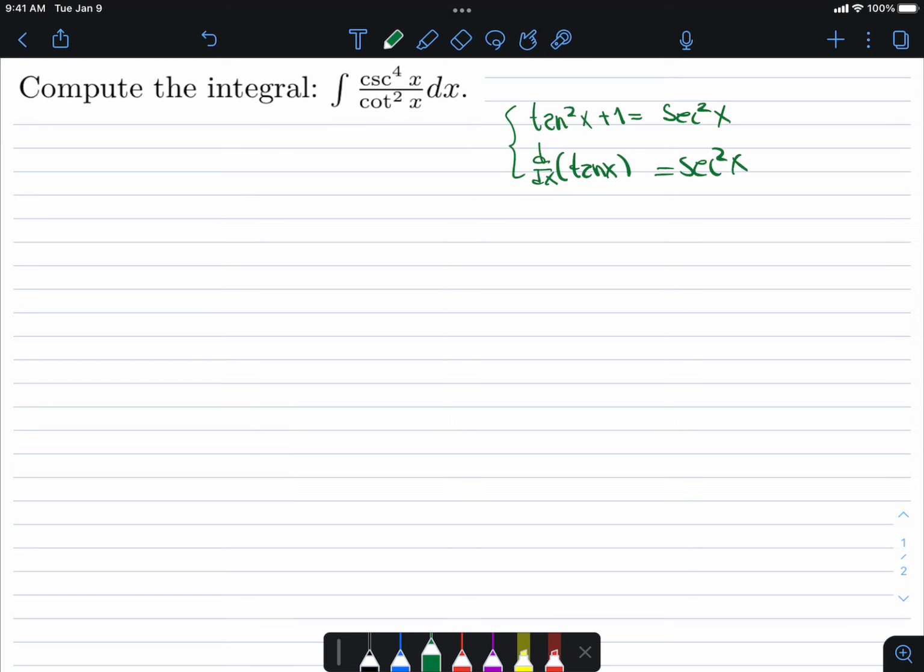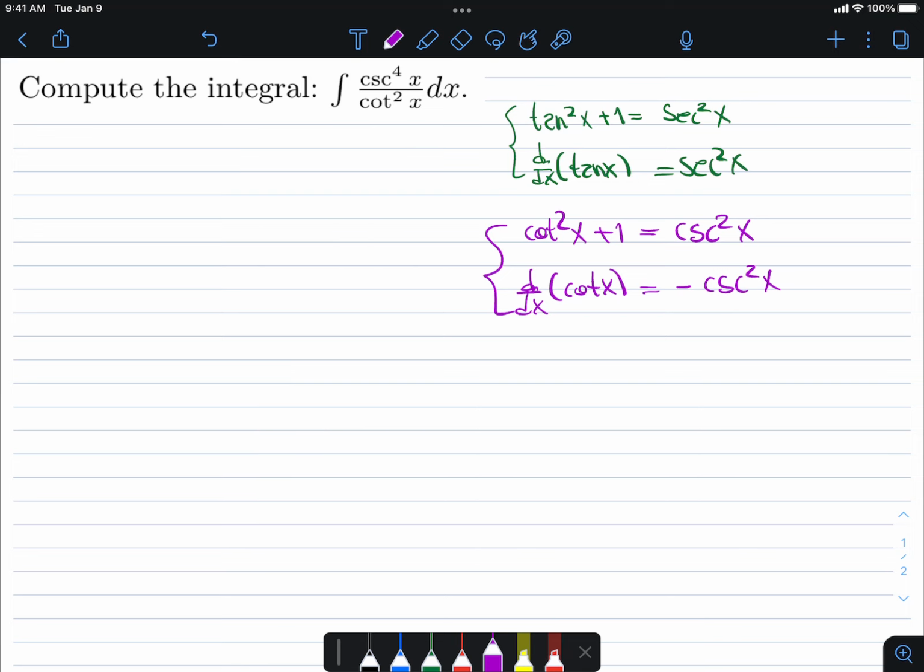For cotangent and cosecant, we have a similar relationship. We have that cotangent squared x plus 1 equals cosecant squared x, and that the derivative of cotangent is minus cosecant squared x. So just the minus sign there is the only difference.